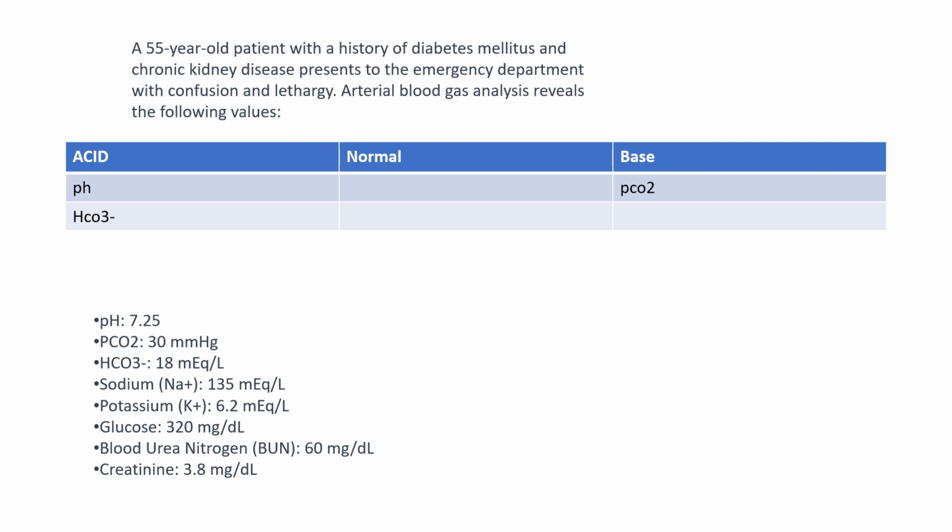In this case the base is carbon dioxide, so the concentration of CO2 is decreased. Whenever the concentration of CO2 is decreased, it is basic. So the answer is metabolic acidosis with partial compensation.